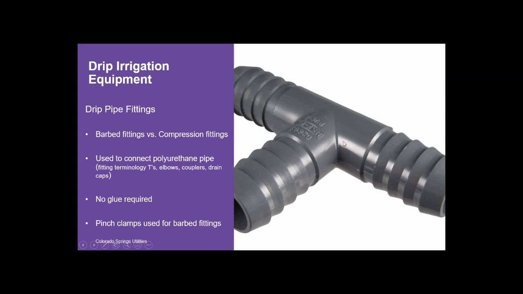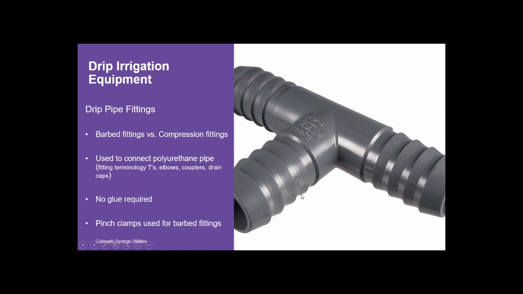You've heard me talk about drip fittings a little bit, but here is an example. Our picture on the right-hand side here is a barbed fitting, and there are also compression fittings. A barbed fitting is going to use the inside diameter of a pipe, and it's going to be pushed into the pipe, and you have to use a pinch clamp to seal that barbed fitting to make sure that it's not pushing off of these barbs and producing a leak.